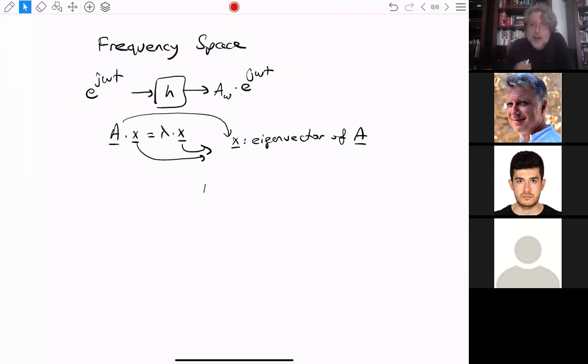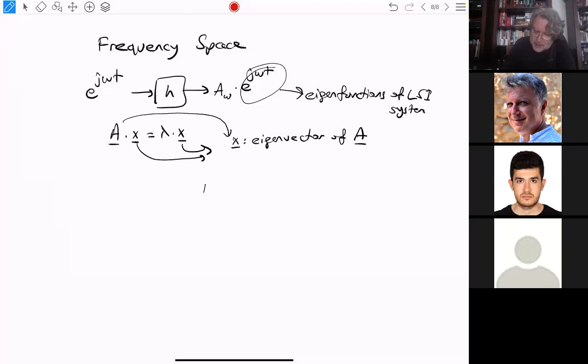Complex sinusoids are eigenfunctions of LSI or LTI systems, because they come out the same. That's where we all start.